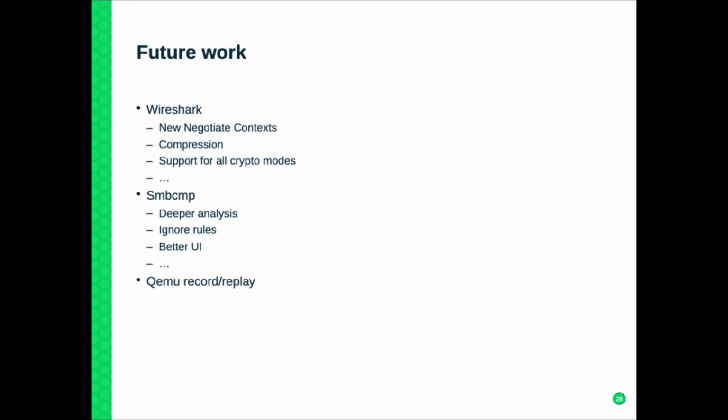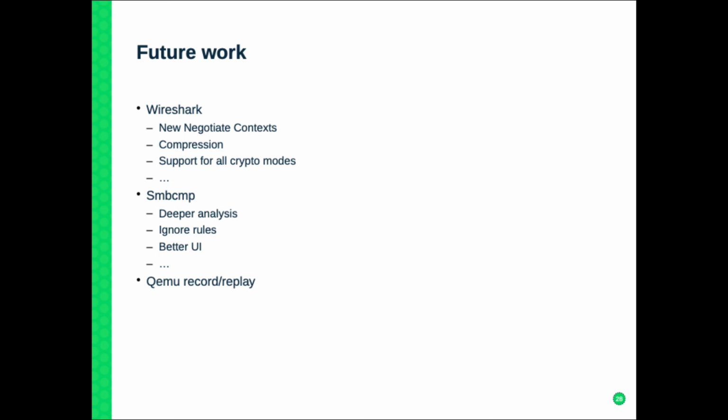So the work that's already done, what version of Wireshark has it? If you want to use decryption, you mean? Well, the decryption is already there, but some of the new SMB operations, are they upstream in Wireshark right now? So the things listed here, you mean the new things? Yeah. This is not done yet.